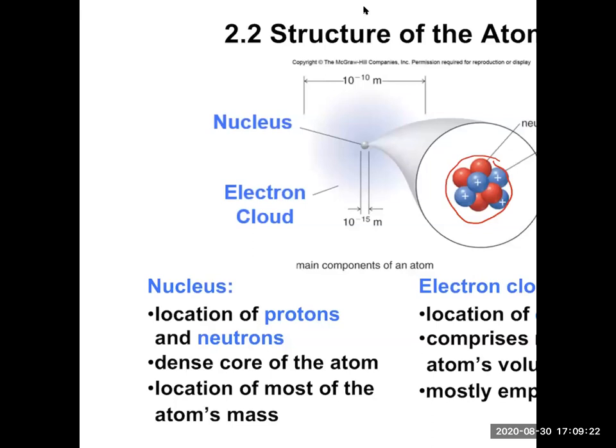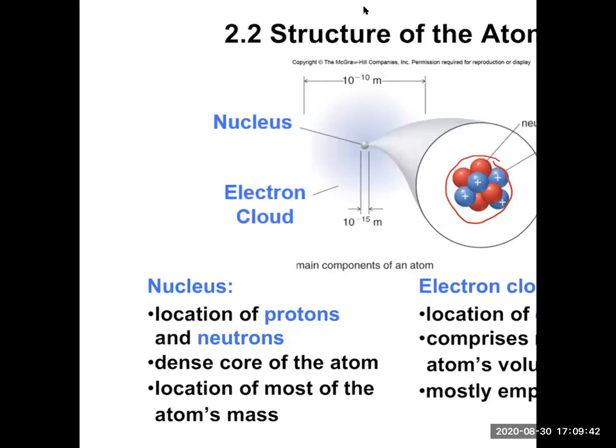AMU is the unit that we use. The neutrons are going to be considered zero charge. So protons and neutrons are located inside the nucleus.